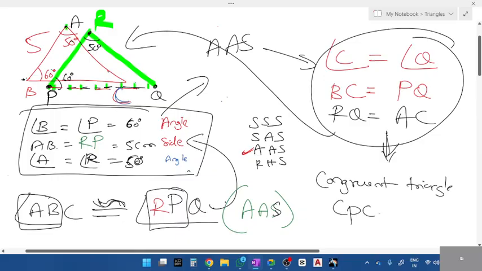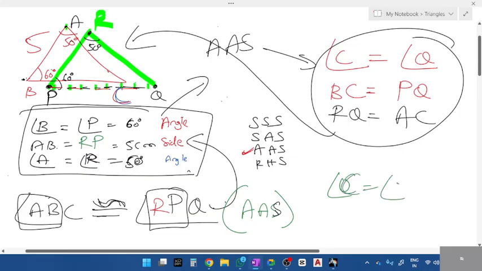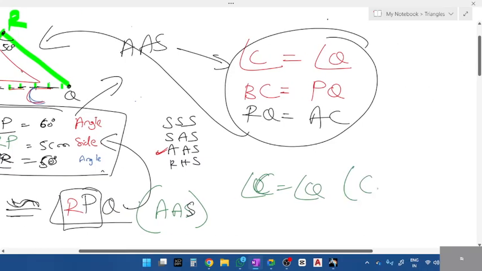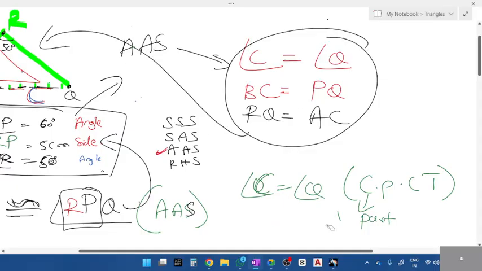Have you heard the word CPCT? Did ma'am often tell this CPCT? No? Okay, the meaning of this is, for the other three parts, for example, look here, you have to write angle C will be equal to which one, students? Angle C will be equal to angle Q. In bracket, you have to write CPCT, which means corresponding parts of congruent triangles.